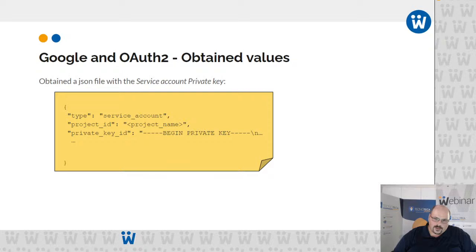After you have completed the detailed procedure that we will give you, in this case you will obtain directly the full JSON content with all the information that is needed to be set in the CMDBuild portal. This contains the service account private key, as you see in the last line, needed to impersonate your email users.